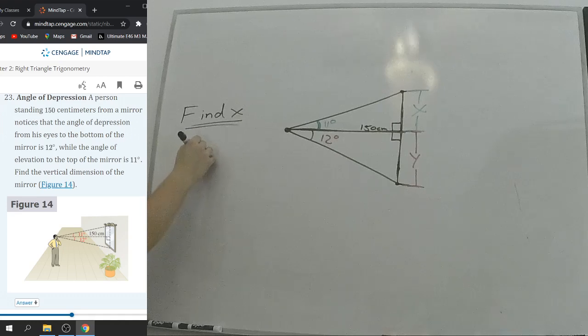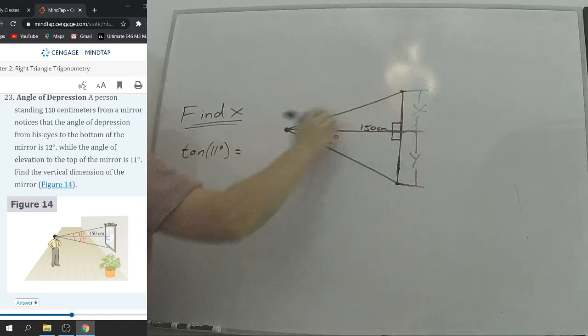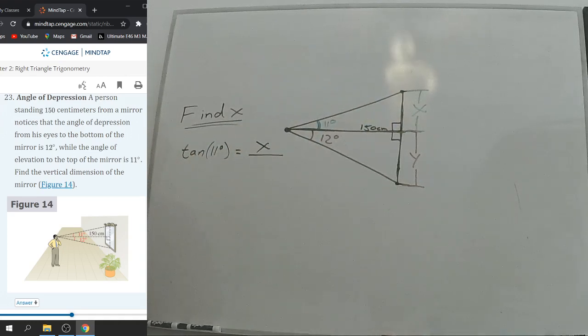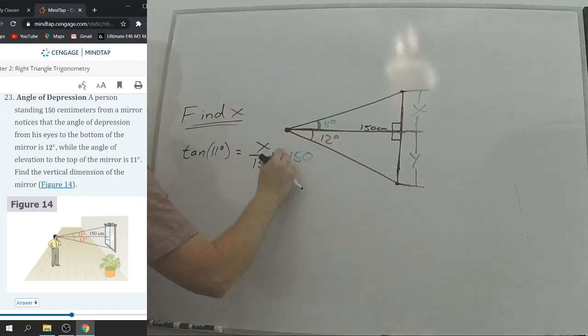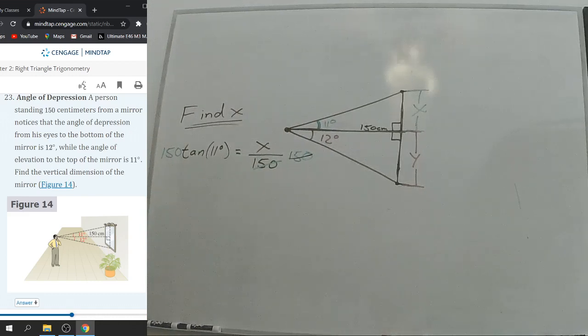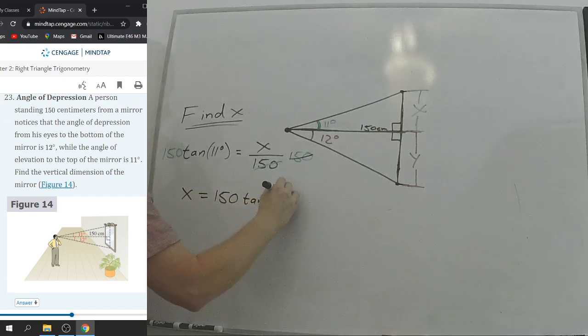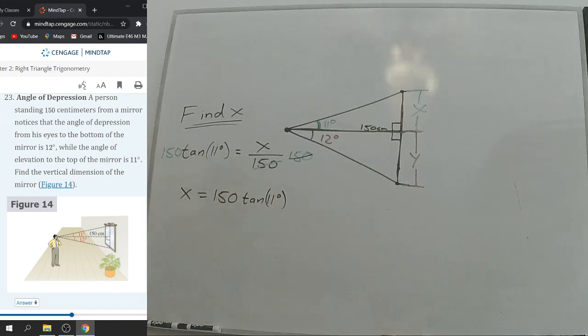I'm going to go for my tangent function and say that tangent of 11 degrees, by definition, would be the opposite side, height x, which I don't know, over the adjacent side, which is 150 centimeters. To clean this up, we'll multiply both sides by 150, cancel, cancel, which gives us x to be 150 times tangent of 11 degrees. Now, since I'm going to have to add y to that, I'm just going to keep that. I'll do it later. I'll put it all in the calculator in one shot.